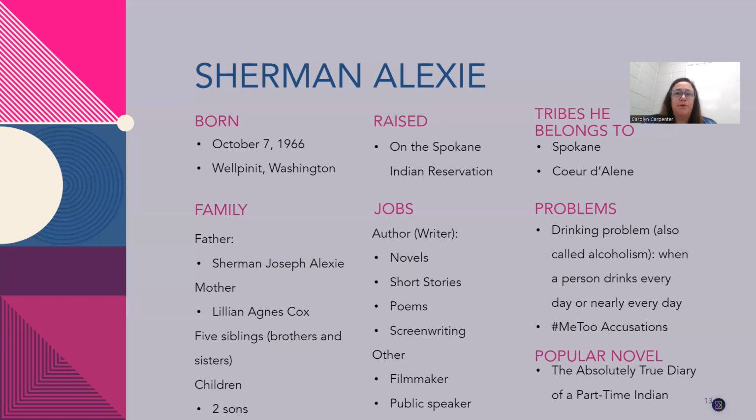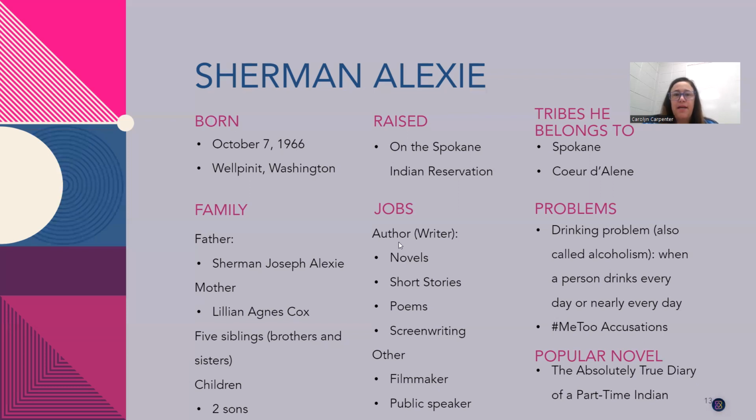He is part of the Spokane Indian tribe and the Coeur d'Alene Indian tribe. His father is Sherman Joseph Alexie, and his mother is Lillian Agnes Cox. He has 5 siblings, both brothers and sisters, and he has 2 sons. He's also married, but I didn't put his wife's name on here.